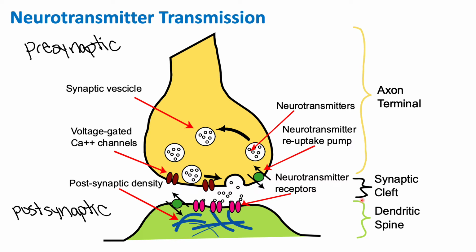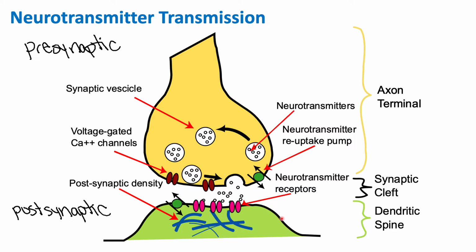The synaptic cleft is essentially the space in between the axon terminal of the presynaptic neuron and the dendritic spine of the postsynaptic neuron. So remember that neurons receive signals through their dendrites, and then they pass it on to the axon hillock. So right now we're at the dendritic spine, so the dendrites are receiving that signal, and that signal is passed on through these neurotransmitters.